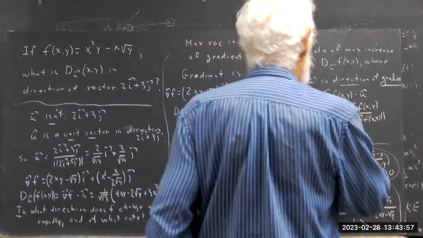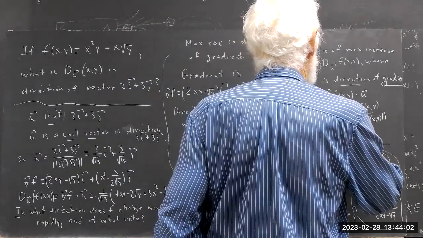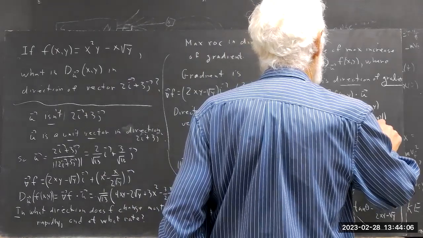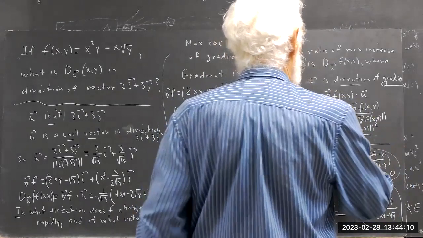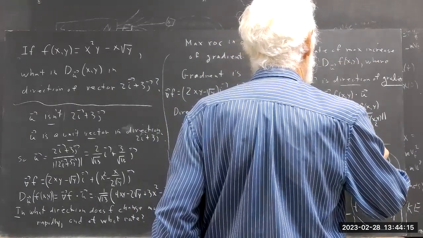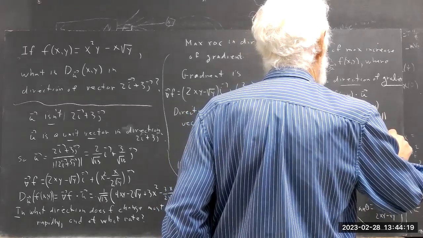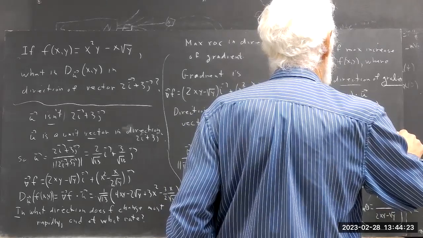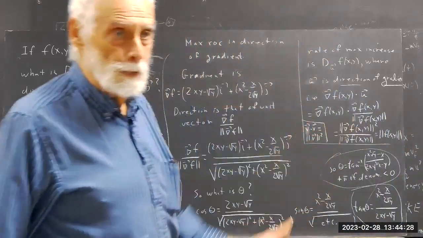So what we get here is the magnitude of the gradient squared over the magnitude of the gradient, which simplifies just to the magnitude of the gradient.